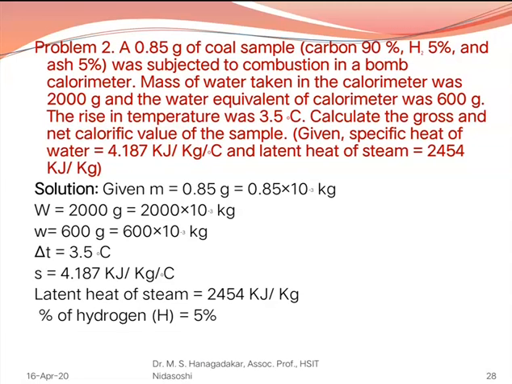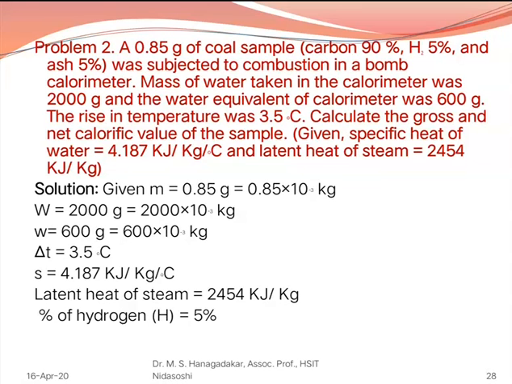Now the solution. Given values are small m equal to 0.85 gram, converting into kg by multiplying by 10 raised to minus 3. Then mass of water taken is equal to 2000 gram, converted to kilogram by multiplying by 10 raised to minus 3 kg. Then small w, which is nothing but the water equivalent of calorimeter, is equal to 600 gram, converting into kg by multiplying by 10 raised to minus 3.